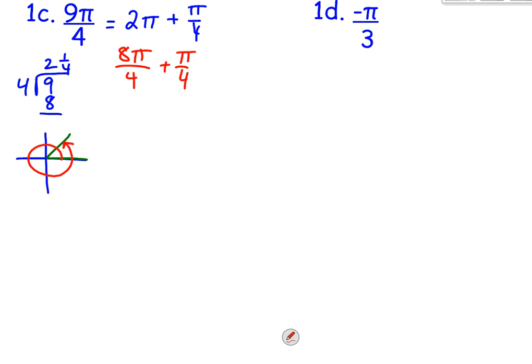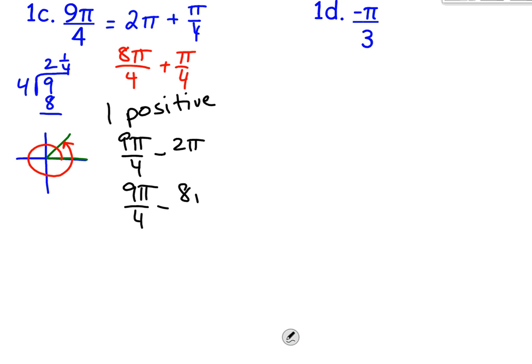So one way to get our positive angle, since this is already a complete spin, is to take the 9 pi over 4 and subtract 2 pi. So 9 pi over 4 minus 8 pi over 4, and getting that pi over 4. So that's a positive.